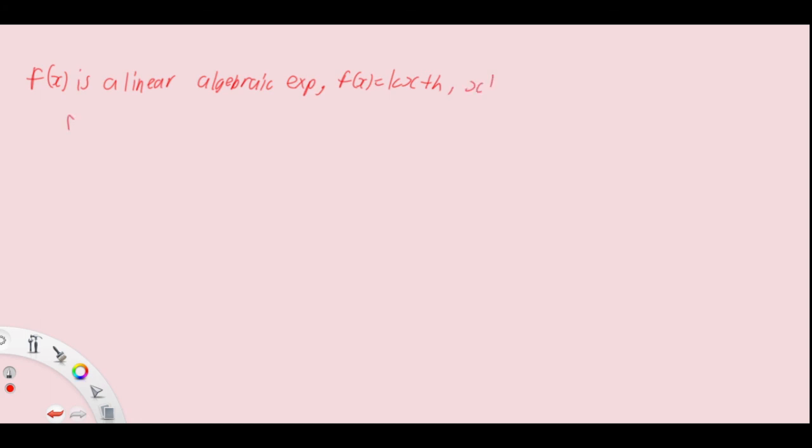Then if we want to integrate f(x) to the power of n dx, the answer is simply, increase the power by 1, very similar to x to the power of n, divide by the power, and then don't forget to also divide by the derivative inside. And because the derivative is a constant, in this case k, you won't run the risk of introducing new terms.